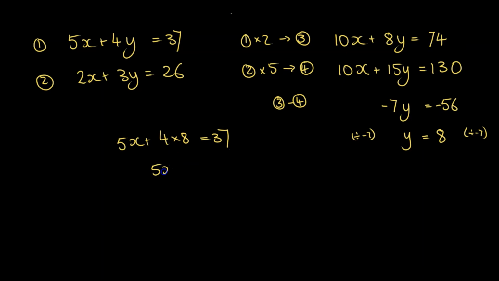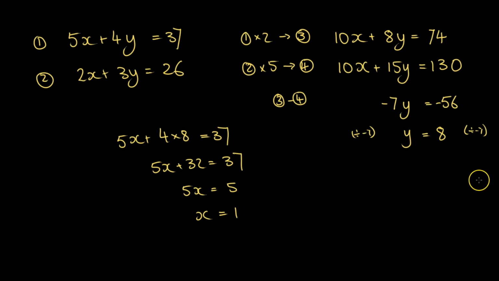Let's do this quickly. 5x plus 32 equals 37. Minus 32 from both sides. 5x is equal to 5, so x must be equal to 1. So I found the coordinate of the intersection of these two straight lines. Or you could say you found the solution to this pair of equations.